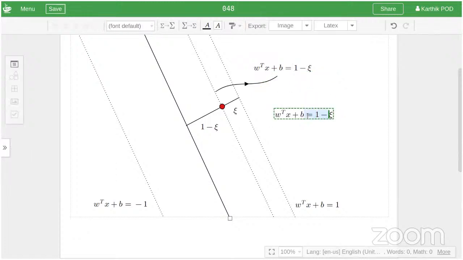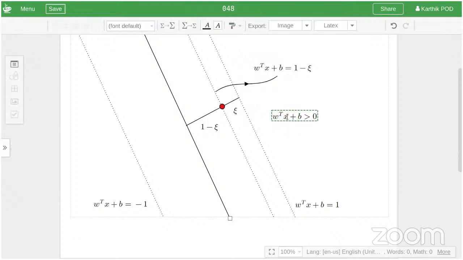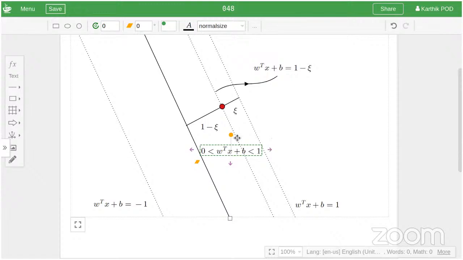So this region we are talking about is positive. So in fact, we can be a little more precise and say that this will actually be 0 less than. Okay, this is this region, right? Can we all see that?